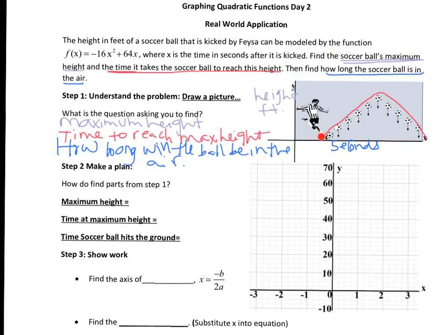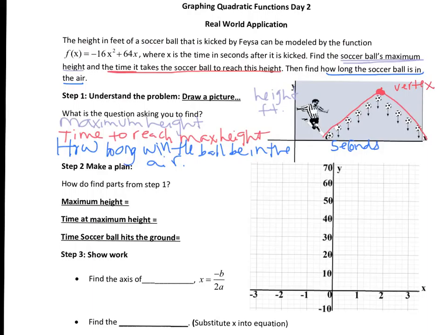So we know that when he kicks a soccer ball, it goes up, up, up, and then right at this point here, this is the highest point. And we talked about that the highest point is called the vertex. So I'm going to put a dot here, and that is going to be the vertex.